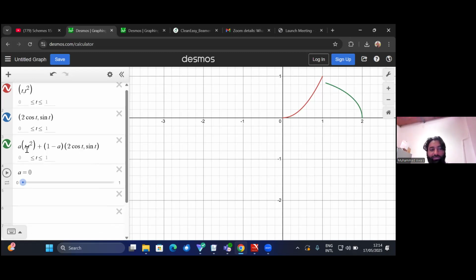One can see this is a homotopy which uses variables A and T. Here A is representing time and T is representing the parameterization of paths. So when I move A continuously from 0 to 1, you can see I am moving my path continuously from one path to another path. Yes, this is the way. So this is the meaning of homotopy.